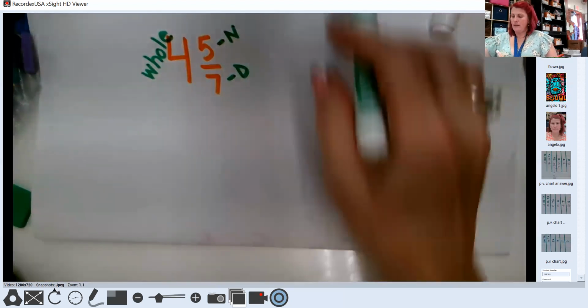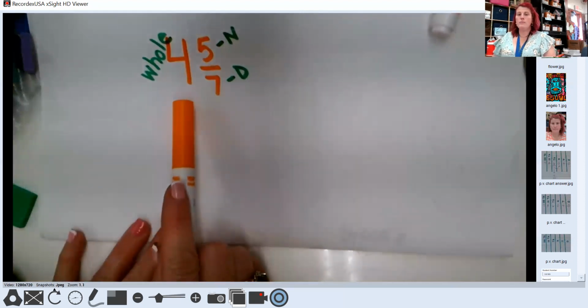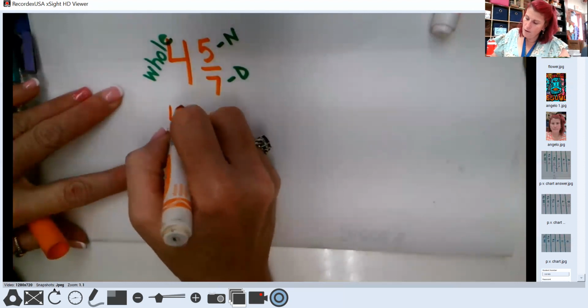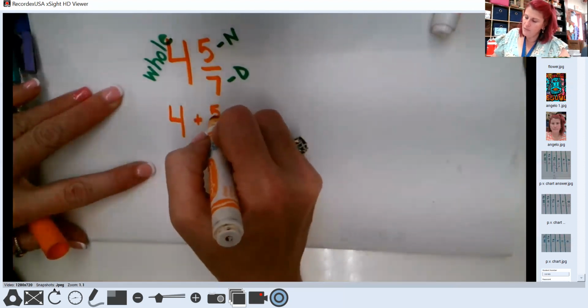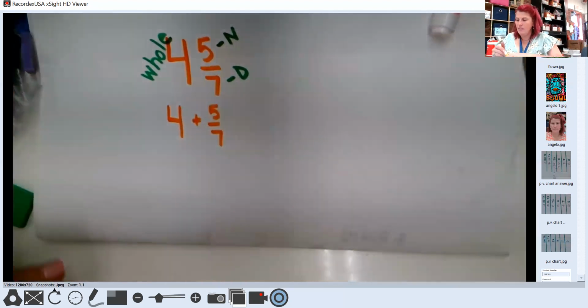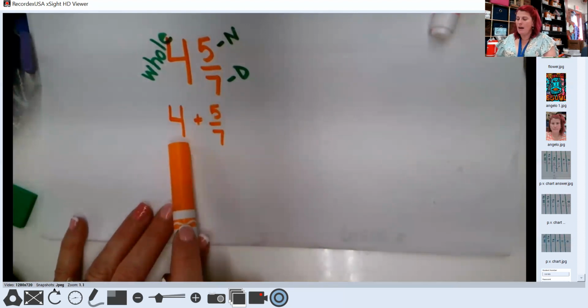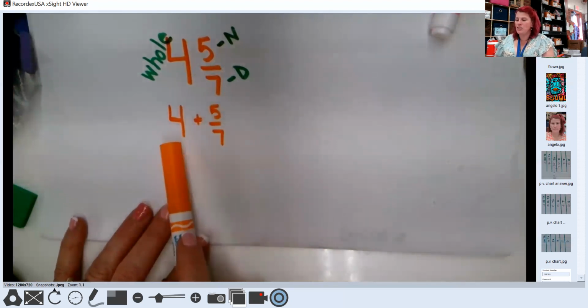Step 1, decompose my mixed number into whole number plus fraction. 4 plus 5/7. The next part says to decompose or to convert my whole number into fraction wholes.